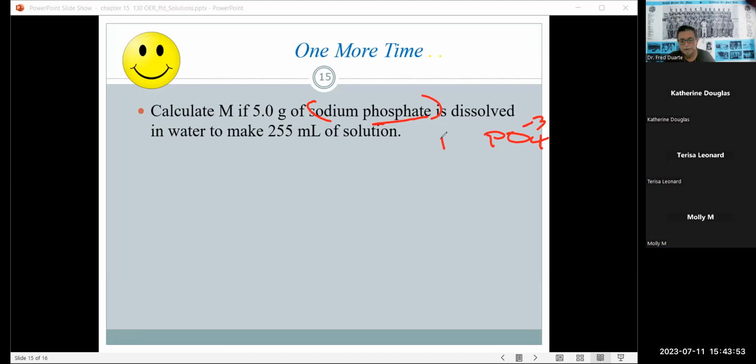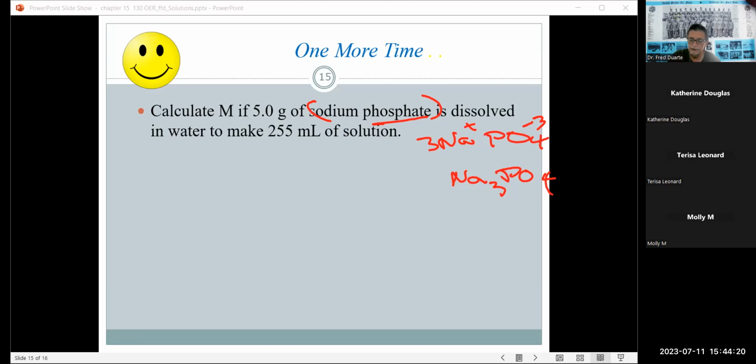Sodium is a group 1 metal, so it has a +1. It's going to lose that 1 electron, resulting in a +1. That means that I need 3 sodiums for every phosphate. So the formula for sodium phosphate is Na3PO4, okay?